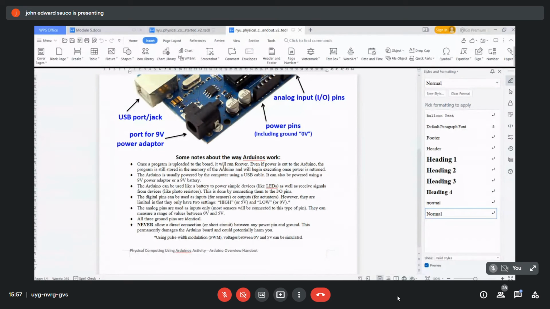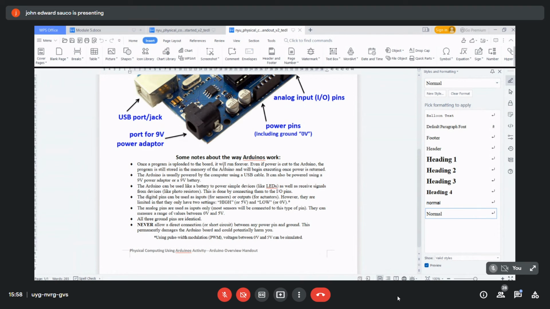Even if the power is cut to the Arduino, the program is still stored in the memory of the Arduino and executes once power is returned. The Arduino is usually powered by computer using USB cable, pero pwede rin siyang 9 volts battery or power adapter. The Arduino can be used like a battery to power simple devices like LED, right?